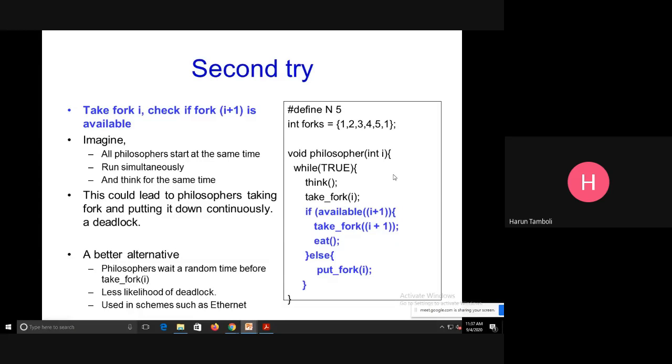It may be different. Rarely it may be the same, but in most cases it will be different. So this provides the solution, and that's why this solution is used in Ethernet. Here we are providing a random amount of time, and we can solve the problem.